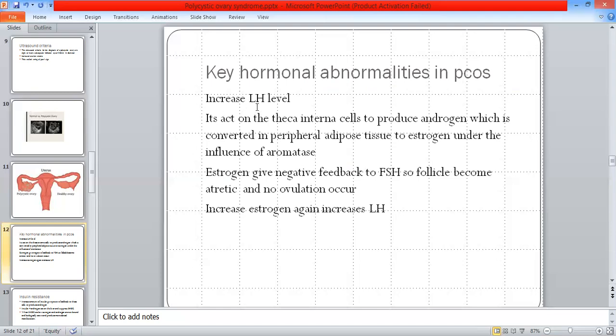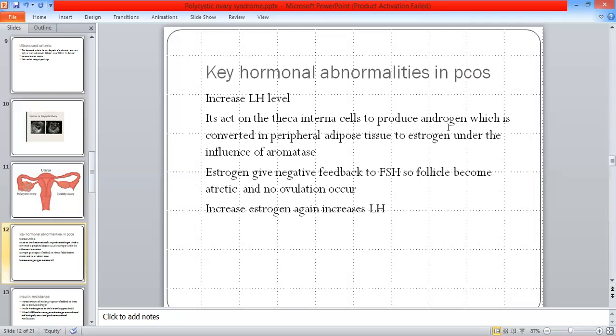When there is an increased level of luteinizing hormone, what will it do? The increased luteinizing hormone acts on the theca and granulosa cells, and these cells in the ovary then produce an increased amount of androgen.